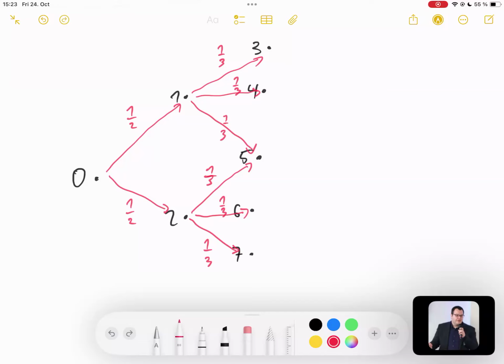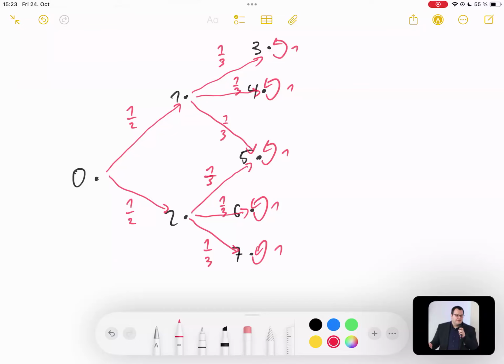We still better define it. So we put in positions 3, 4, 5, 6, and 7 a loop, all with probabilities 1, so that if we have more time clicks, obviously the bullet cannot move further. It's in one of these targets.